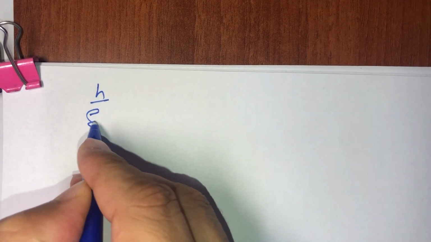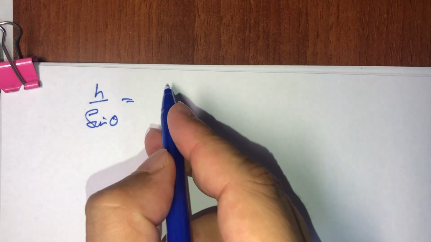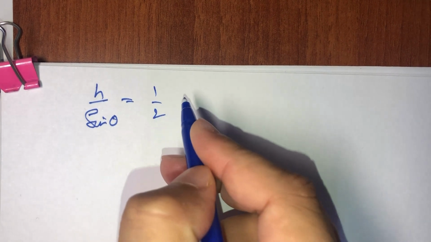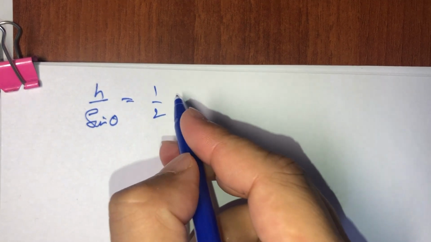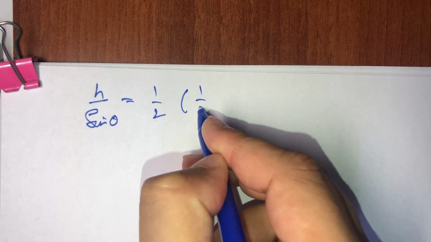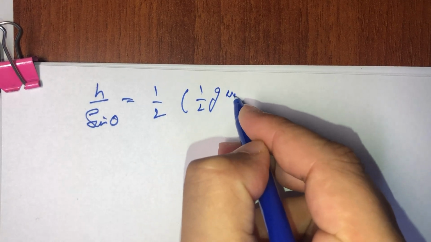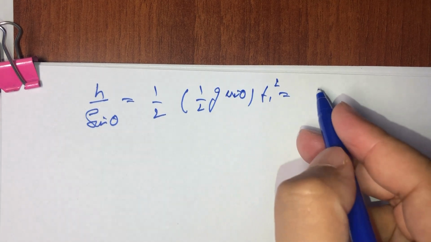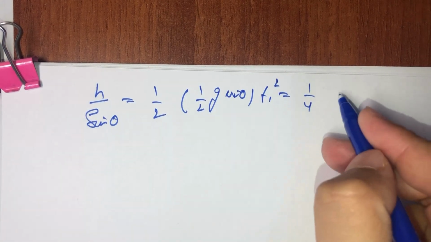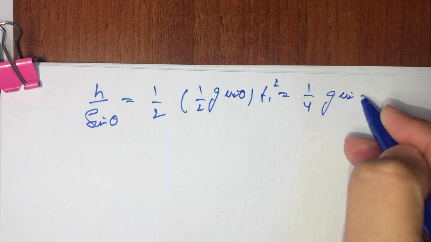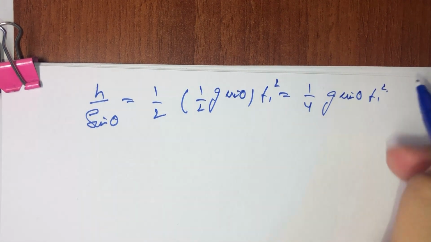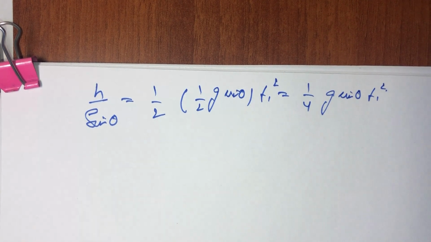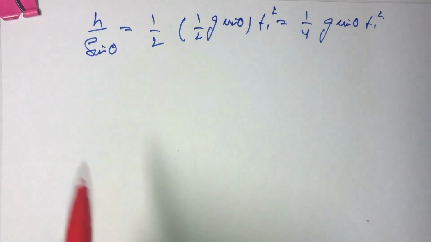So therefore, we write it as h by sine of theta is equal to, substituting value of AC ring, which is half g sine of theta into T1 square, and which comes as equal to 1 by 4 g sine of theta T1 square. So from here on, we can find out our T1.